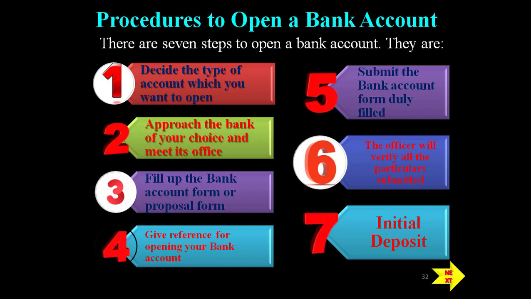The 4th one, give a reference for opening your bank account. The 5th one, submit the bank account form duly filled. 6th, the officer will verify all the particulars submitted. 7th, initial deposit. So these are the 7 steps to open a bank account.